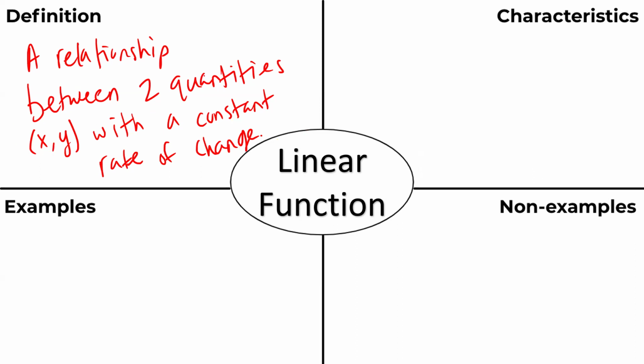So when we hear the words constant rate of change, we should think of slope. That's a big characteristic of a linear function, that it has a slope.